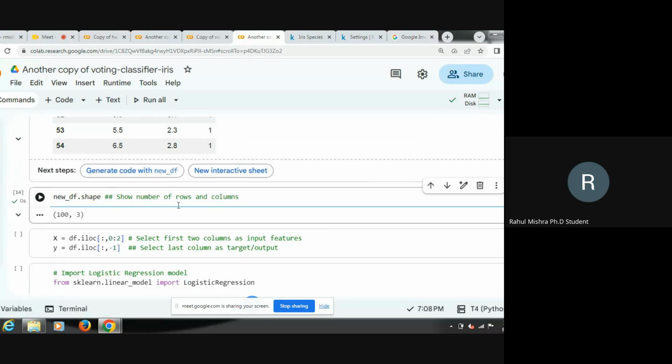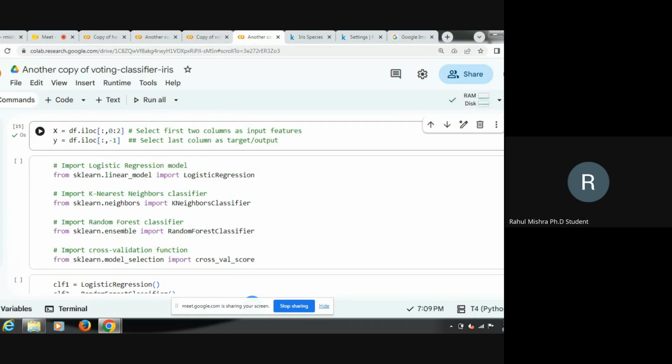So this is our new number of rows and columns. We are selecting the first two columns as our input features, and the last column is the target feature. Again, we are using logistic regression, k-nearest neighbor, random forest, and cross validation also. These are powerful machine learning algorithms used to find the results.